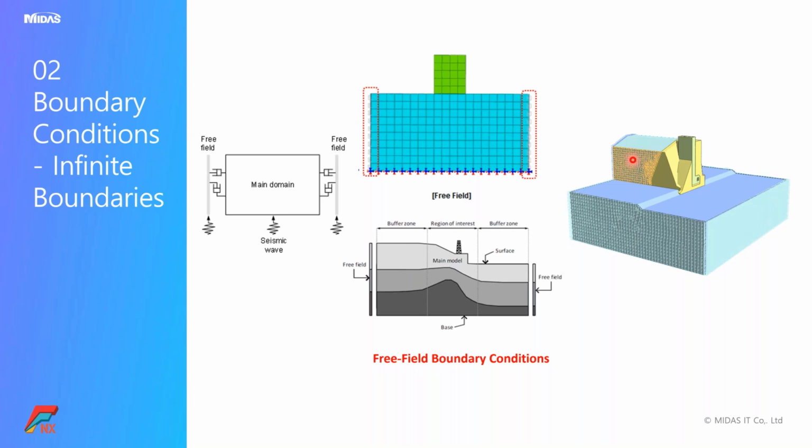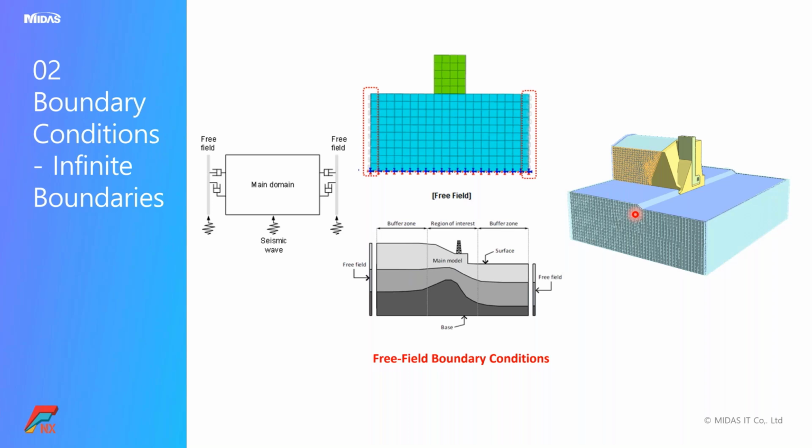Hence, to support this particular face, we are providing some stiffness and a damper to the spring. So we are modeling a spring in a nutshell, to support the backfill, as well as to absorb the waves that are transmitting in this backfill when it comes to the boundaries of this backfill. So we are applying both the absorbent boundary condition as well as the free field condition in this model.